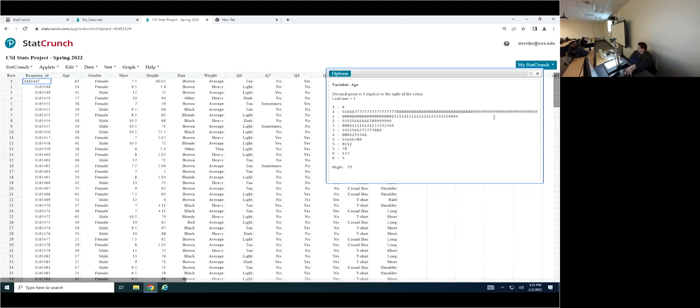Even figuring out how many 18s and 19-year-olds I have, you know how hard it is to count the same number when there's a bunch of them in a row? Especially on a screen, I have to put my cursor over it as I'm counting them. It's a pain. So it's harder to use when you've got large data sets.